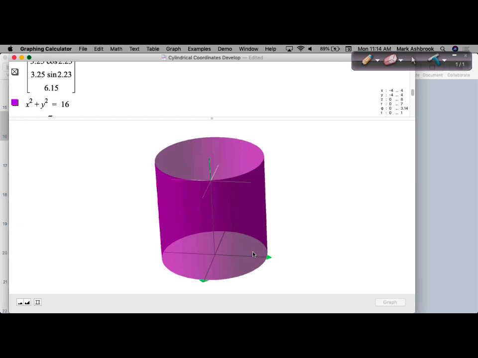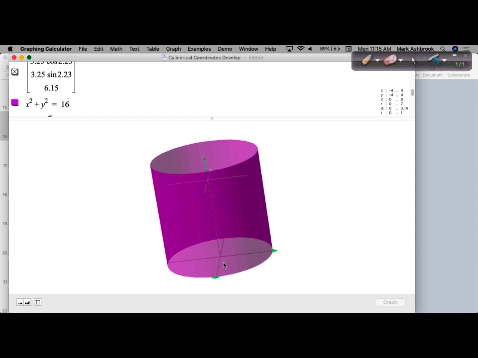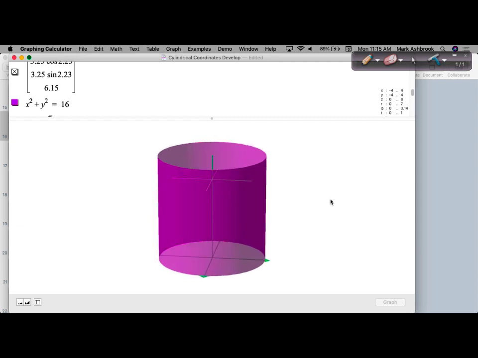That's why they call it cylindrical coordinates, because a constant value of r gives you a cylinder. It's based on cylinders, moving up at different z values. So a constant r is a cylinder, and at different z values we basically have circles.